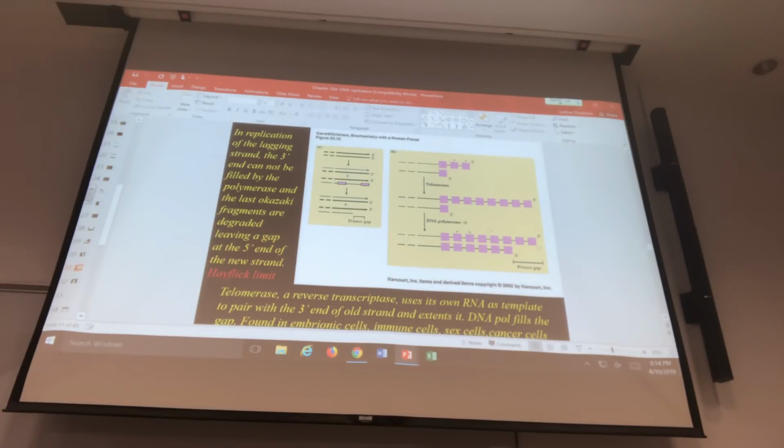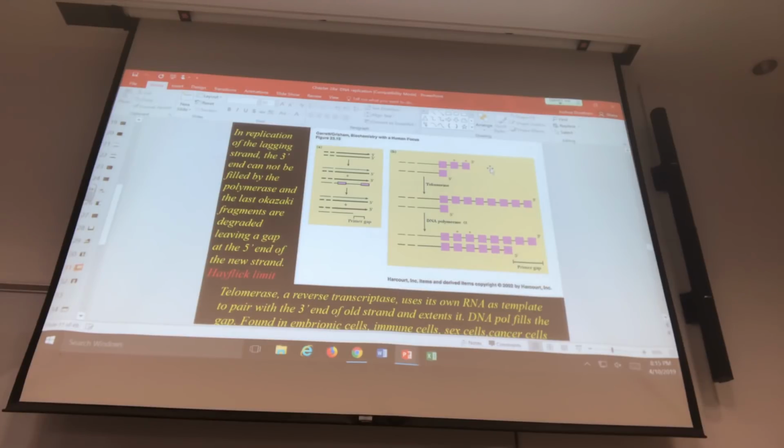On the lagging strand, remember that we had to make the lagging strand a little bit at a time in terms of Okazaki fragments. We would need to attach a primer every single time we want to make an Okazaki fragment, which is usually fine, except at the very end of DNA, we are unable to attach that very last primer on the lagging strand because there's not enough template DNA to attach the primer to.